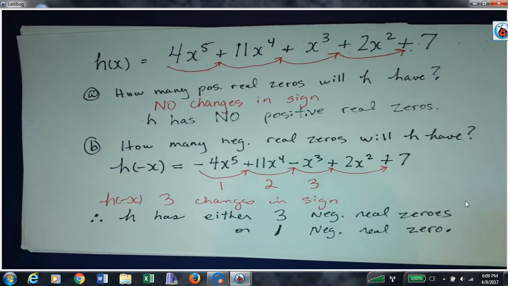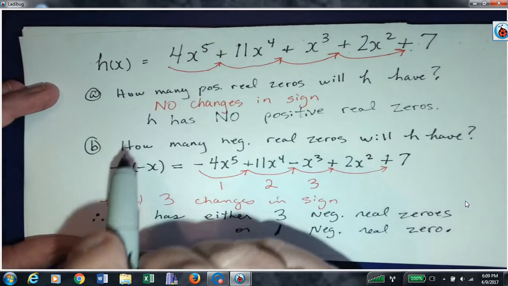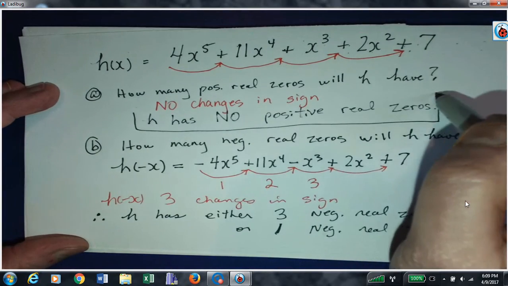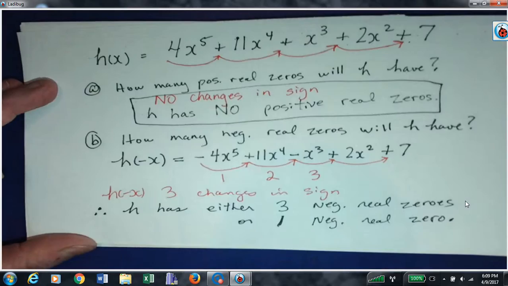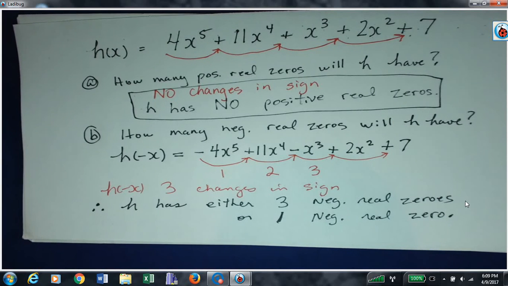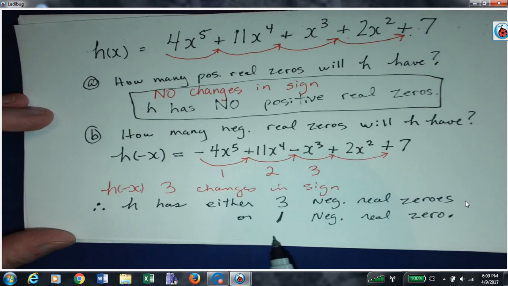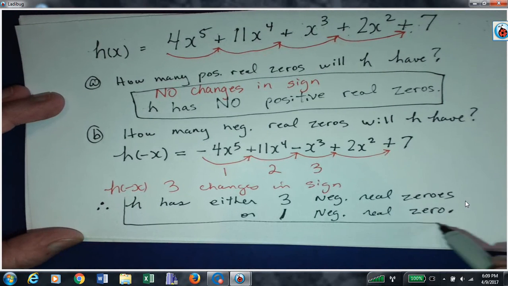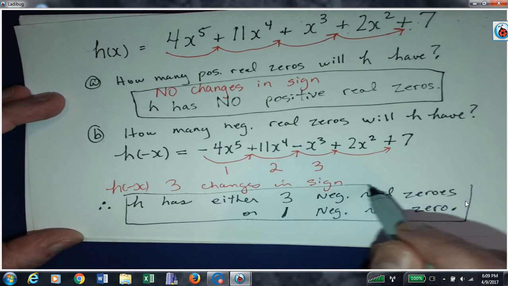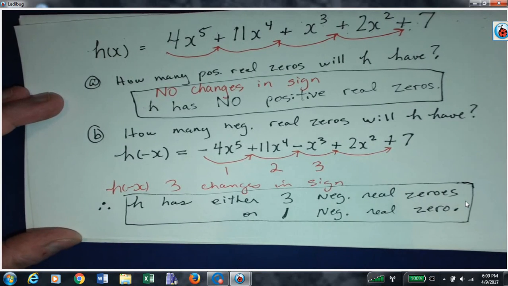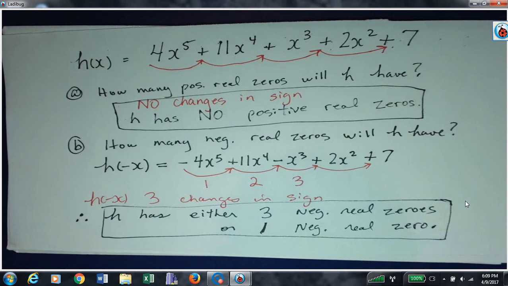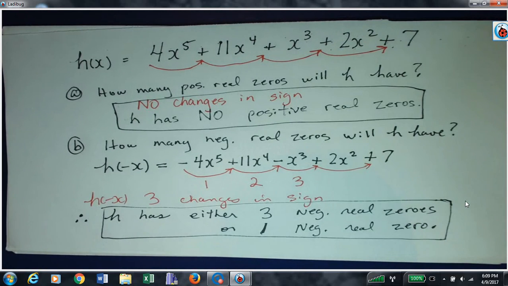So using Descartes' rule of signs, I had a very powerful result here in part A. It will have no positive real zeros. And I get a little bit of help in part B. I know that there exists at least 1 negative real zero. So at least I know that it does have at least 1 negative real zero. Okay. And that ends this lecture on Descartes' rule of signs.